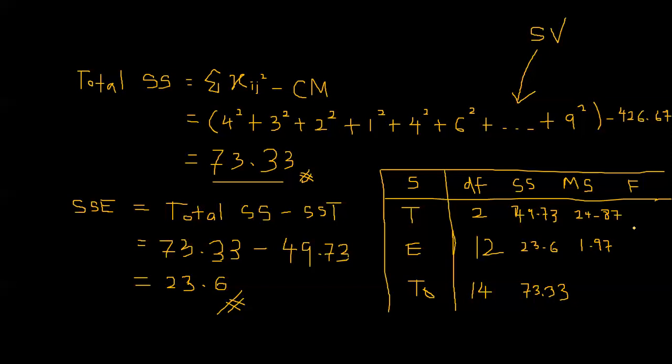You can also directly take MST, for example, 24.87, and MSE is 1.97, and simply divide the values, then you will get the F value, that is 12.62. However, you must show the calculation or the equation on how you get this value of F, or the value of test statistic F.